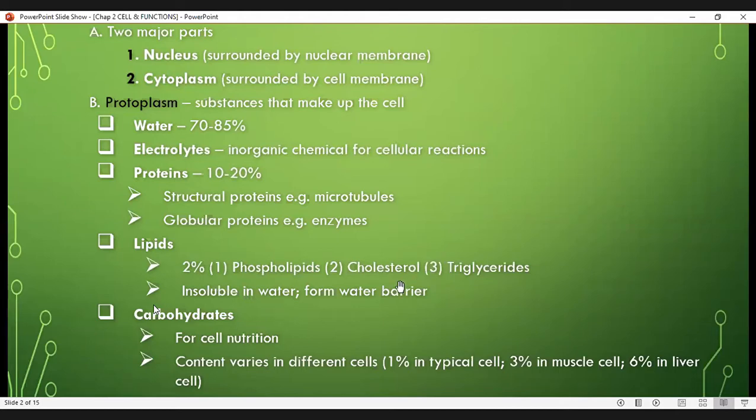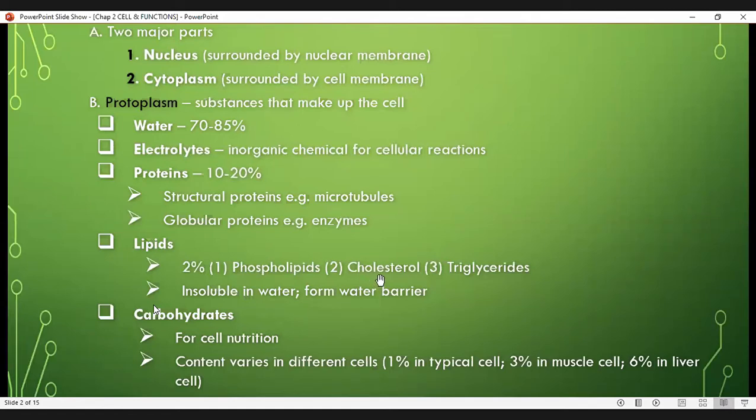So you don't have to be afraid of the cholesterol, because if you have hypercholesterolemia, the cell wall, just like your blood vessels, will harden, okay?